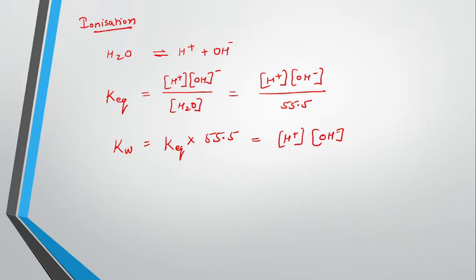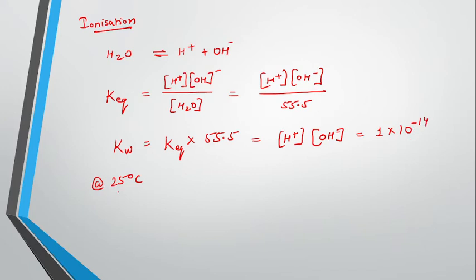So the value of Kw at 25 degrees Celsius is how much? It is equal to 1 into 10 to the power minus 14 at 25 degrees Celsius.